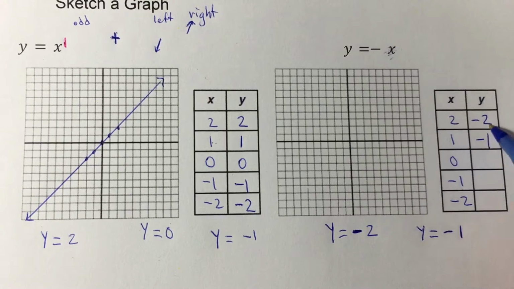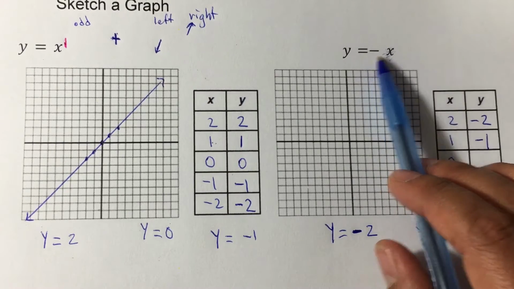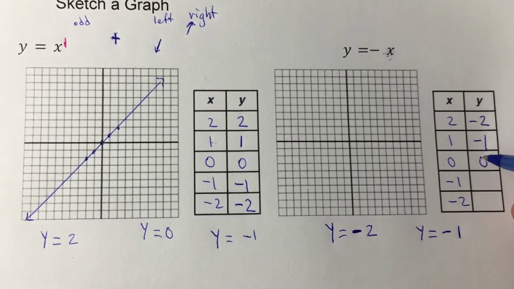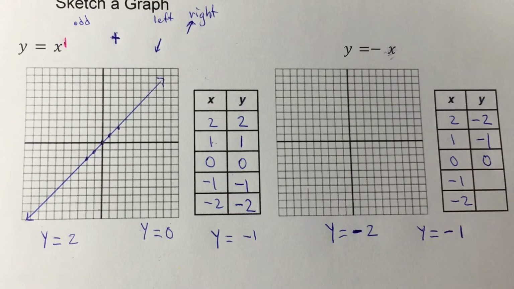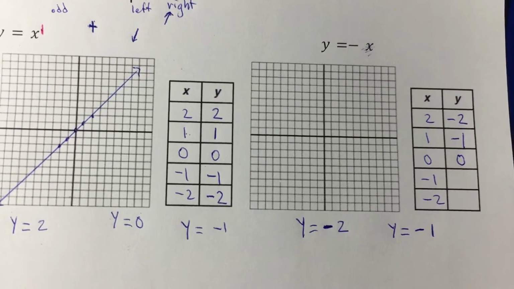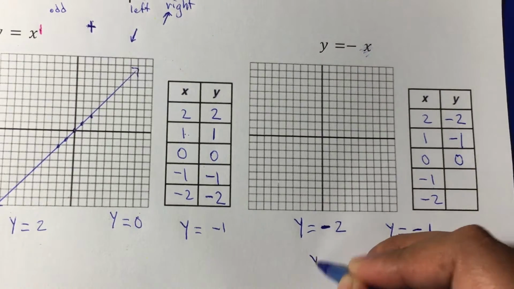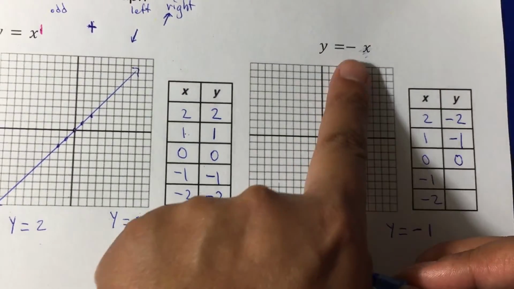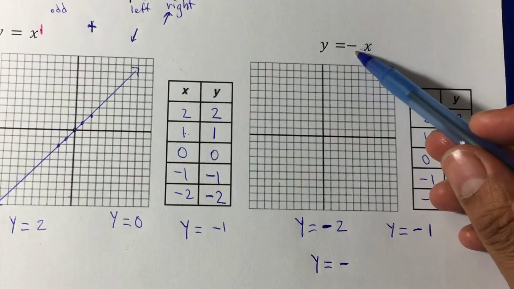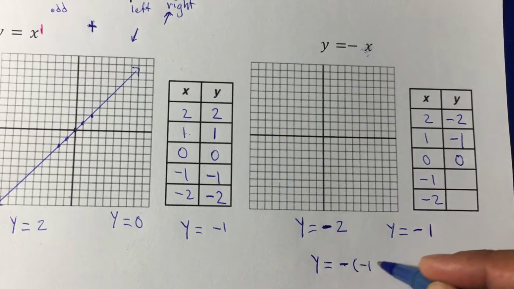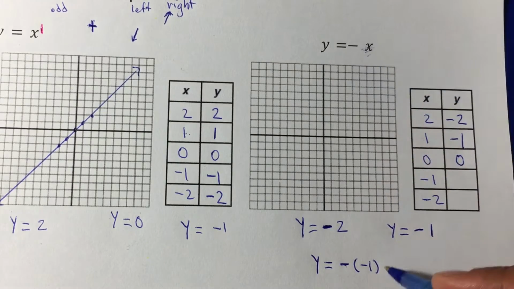So what's happening? When it's negative x, you just switch the sign. And for 0, 0 is always neutral, so -0 will be 0. It's not positive, it's not negative, so just 0. For -1, notice how in here we're going to have the negative from here, bring it down, and then we have -1 for the value of x.